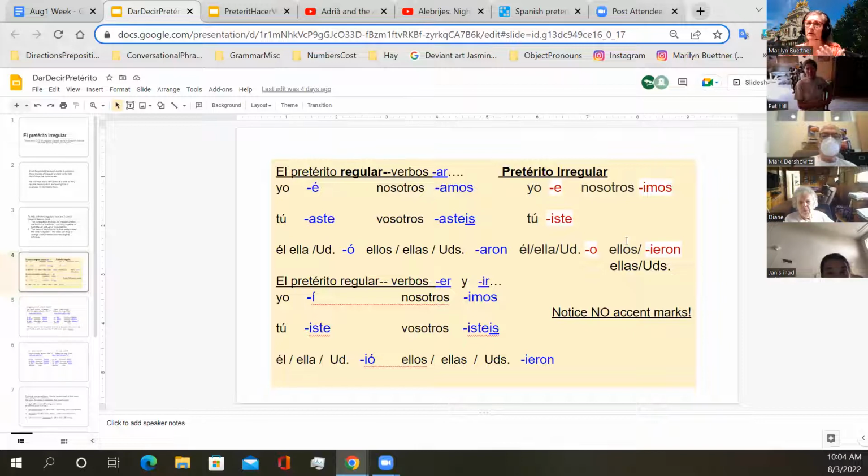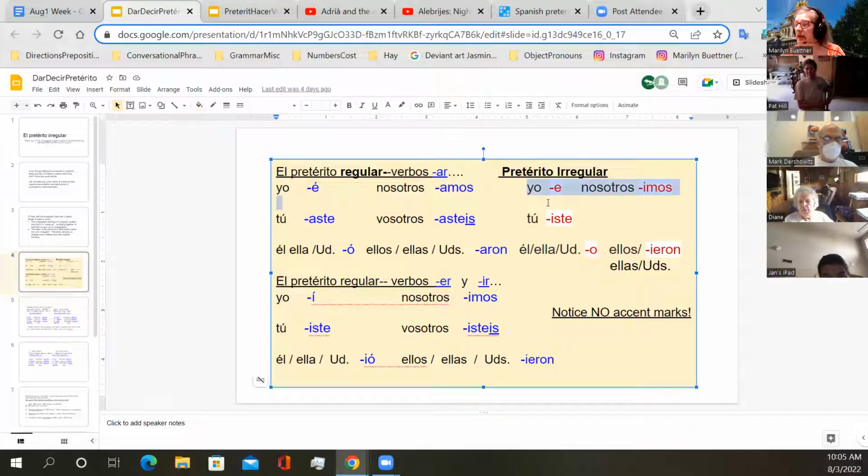What will matter is that I'm telling you this is an irregular preterit verb, so it's going to use these kinds of endings, regardless of whether it's an AR or an ER or an IR.